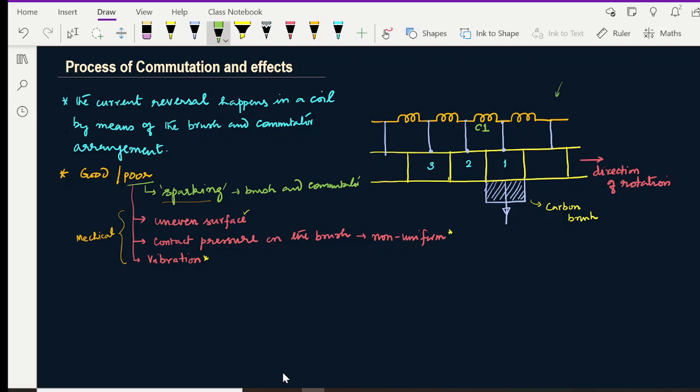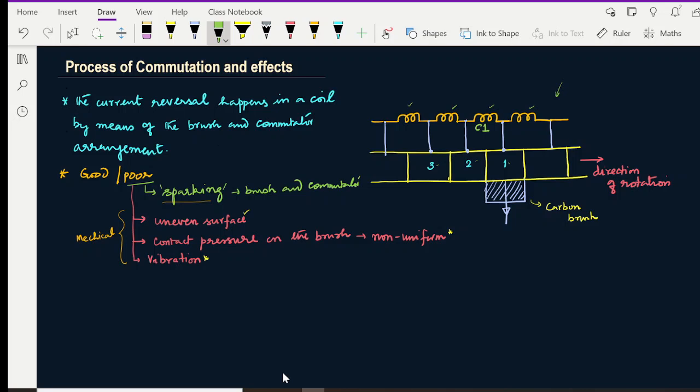What you are looking at is a portion of an armature of a DC machine. These are coils present in the armature. And we know that for the commutator segments, here marked as 1, 2, 3, in a double layer winding, each commutator segment is connected with two coil sides. Two coil sides are connected to one single commutator segment.